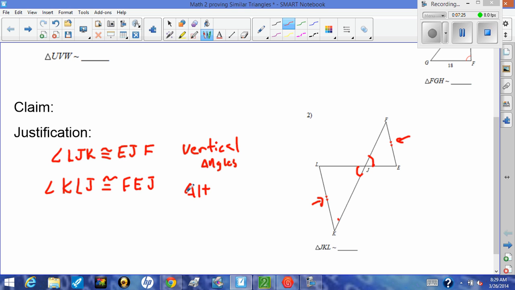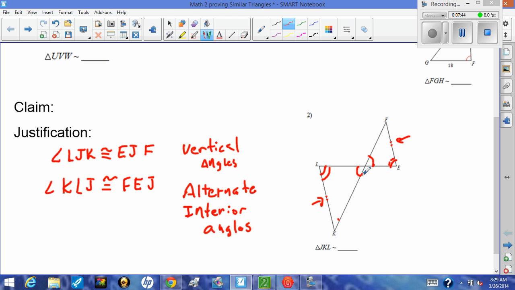Alternate, abbreviate interior because they're inside. Now let's just spell it out. Angles. Okay, so we're saying this one is congruent to this one.